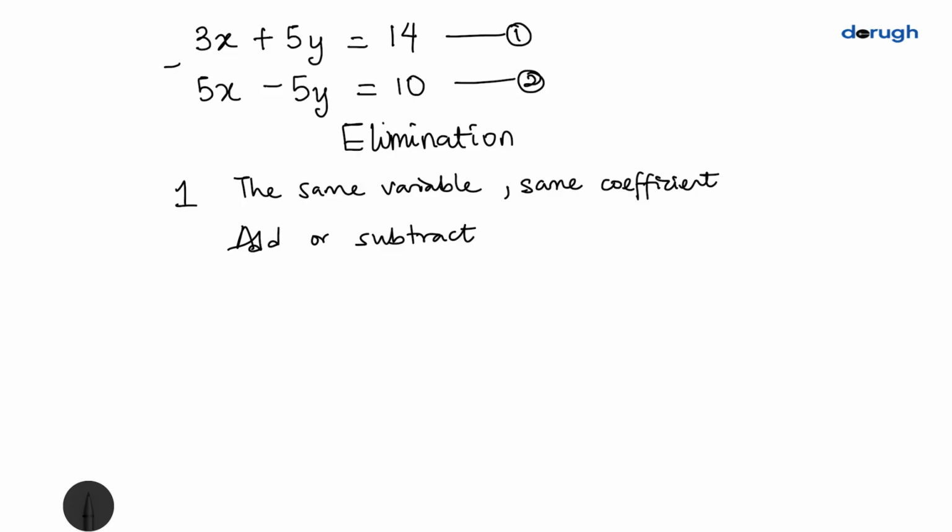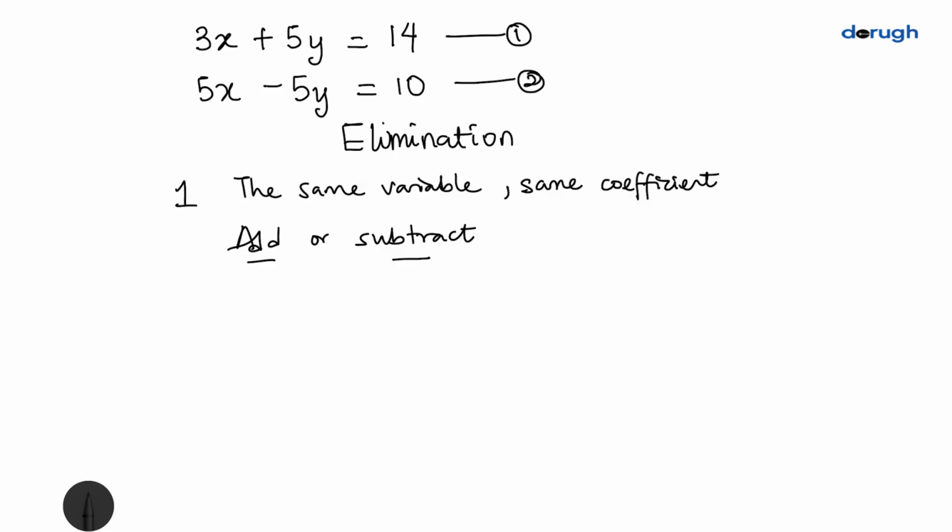Again, remember that as long as they have the same number, which is 5 and 5 in this case, we can use elimination method. The sign only comes into play when we're deciding whether we're going to add or subtract the equations from each other.